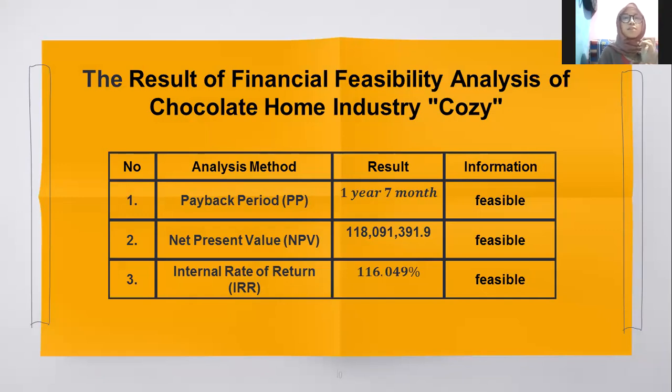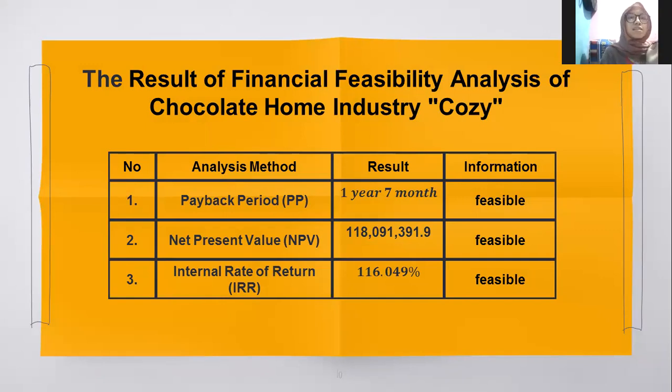So the result of the financial feasibility analysis of the home industry of cozy chocolate: from the payback period or PP, we get 1 year 7 months, so this project is feasible to run.